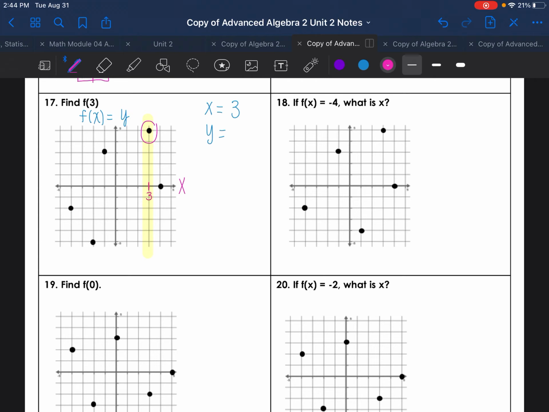So now you have to ask yourself, okay, well, my x is 3. What is my y? So let's look over at my y. 1, 2, 3, 4, 5. My y is 5. So that means that f of 3 equals 5.